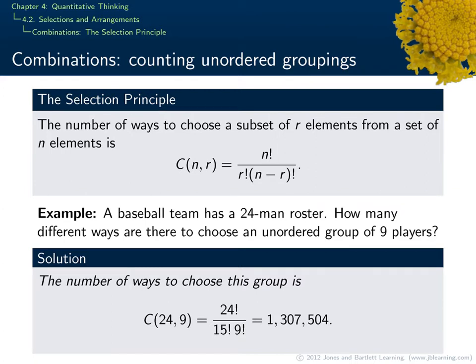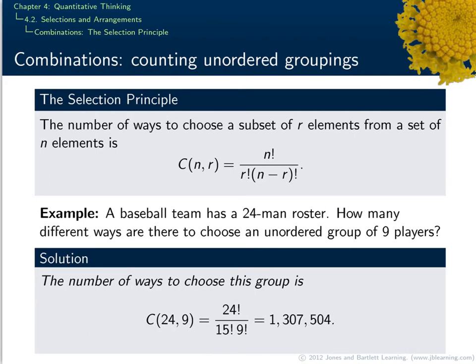Here's a classic example of a combination problem. Again, we have our 24-person baseball team. How many different ways are there to choose a group of 9 players? We're not going to order them into a batting order. We're just going to choose 9 out of 24. So in this case, n would again be 24, and the number r that we're selecting is 9. According to our formula, that's going to be 24 factorial divided by 15 factorial times 9 factorial.